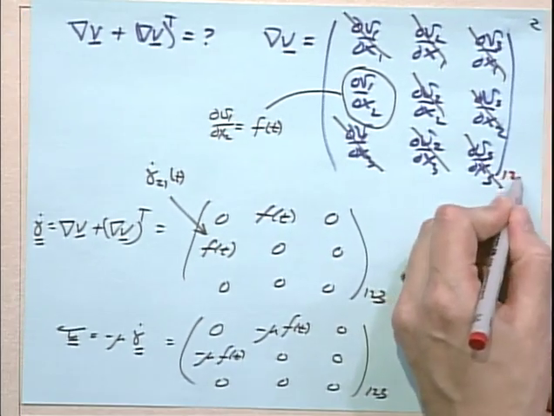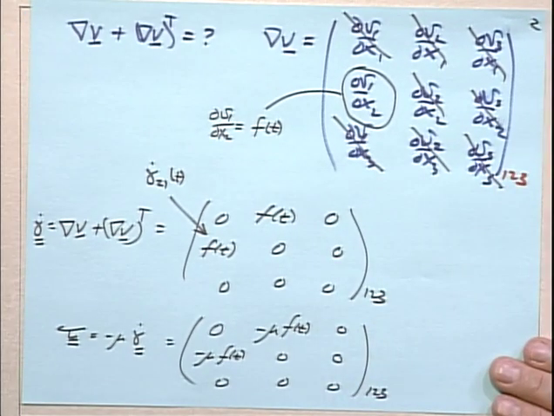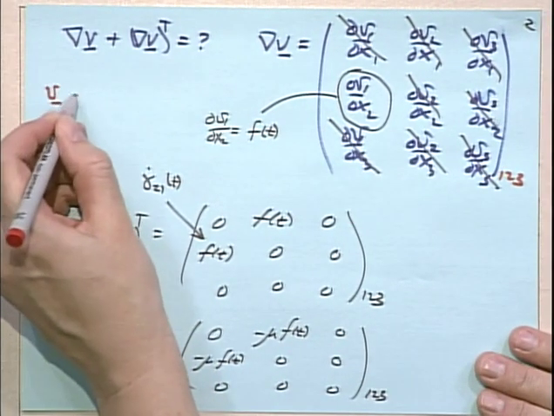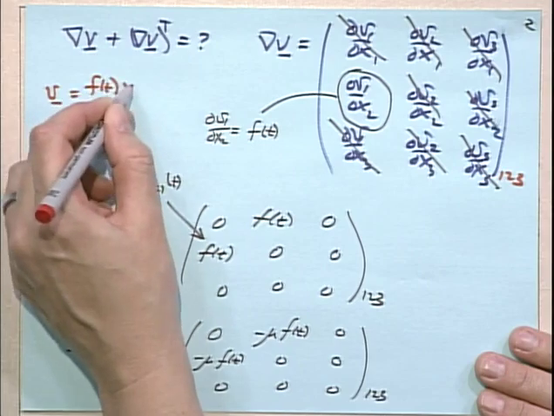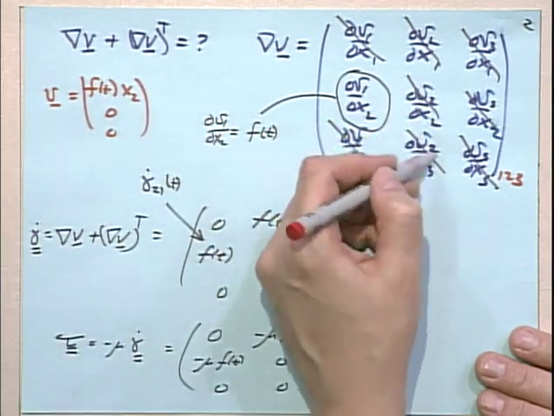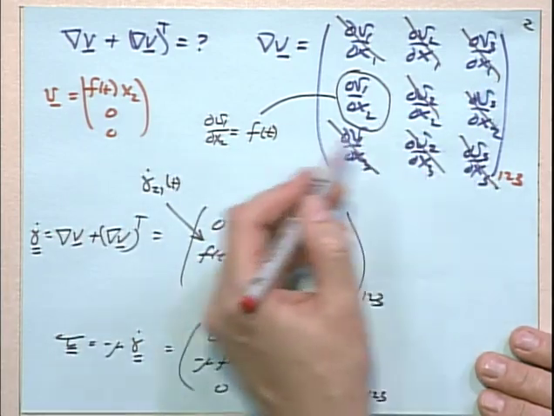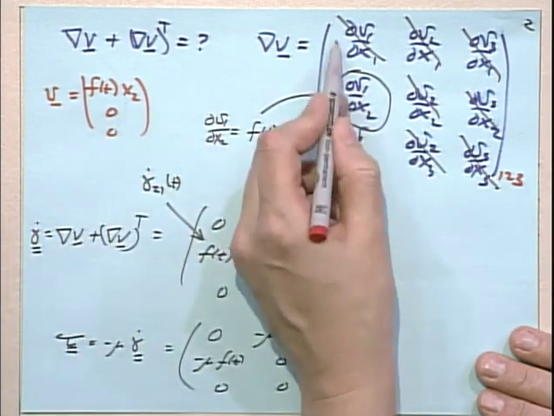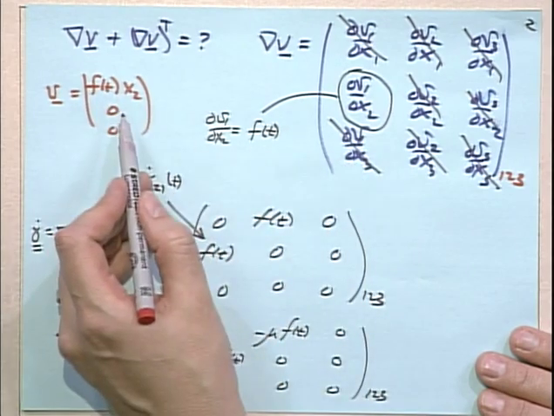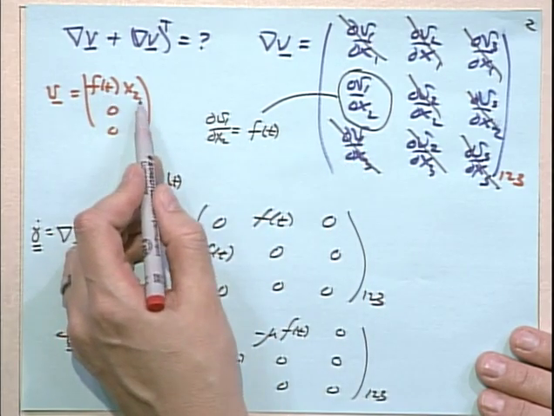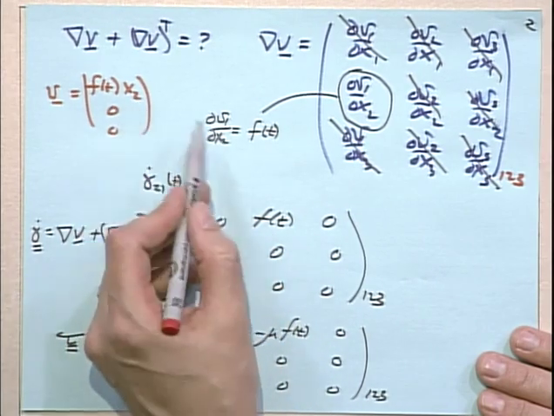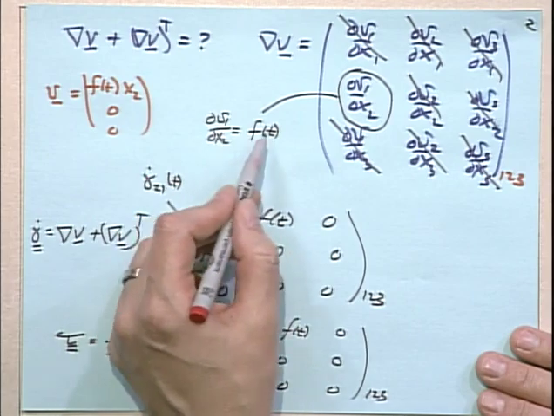1, 2, 3, coordinate system. And then we just simplified it because the velocity is f of t x2, 0, 0. v2 is 0. v3 is 0. v1 is not a function of x1. v1 is not a function of x3. And v1 is a function of x2, and the partial derivative of v1 with respect to x2 is just f.